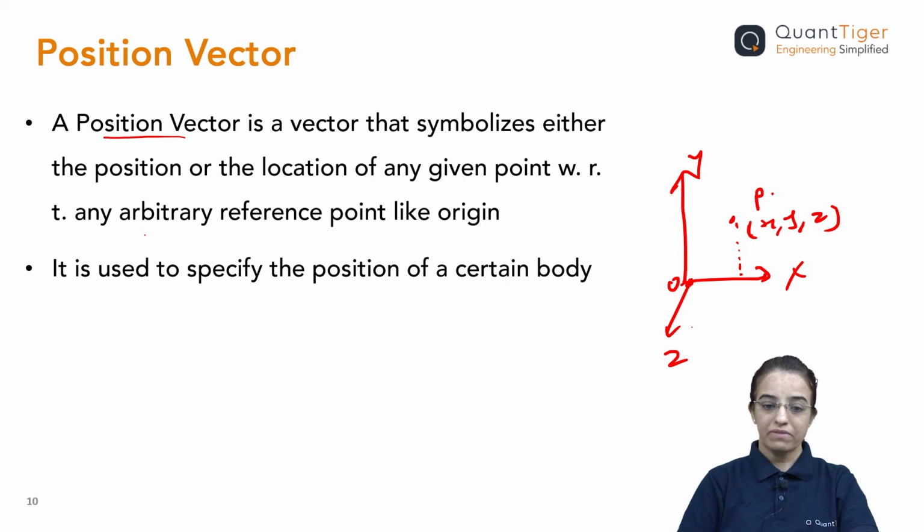It is used to specify the position of a body, because it is quite important to find the location of a specific body in 3 dimensions, or even in 2 dimensions. That is why we need the position vector.